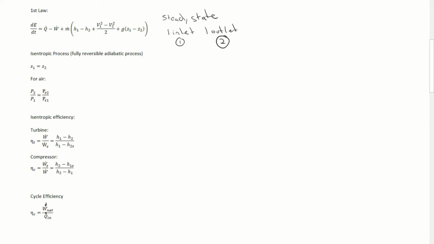The next thing we need to understand is this idea of isentropic processes. If a process is fully reversible and adiabatic, then we know S1 is equal to S2, and this can be easily proven from second law. We did that in the past tutorial. There's this extra tool that we have for air, which is very nice and easy to use, and this is just a direct result of this.